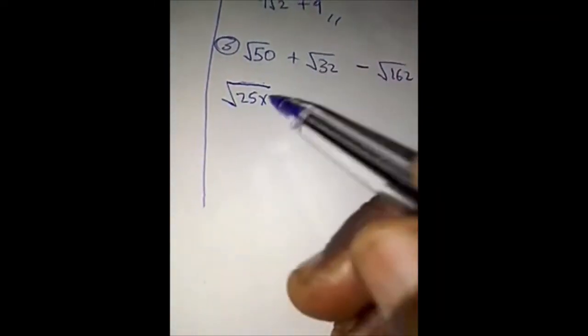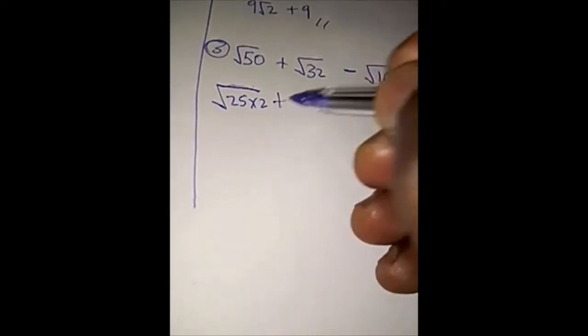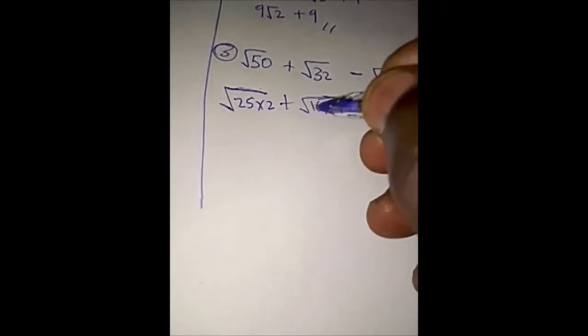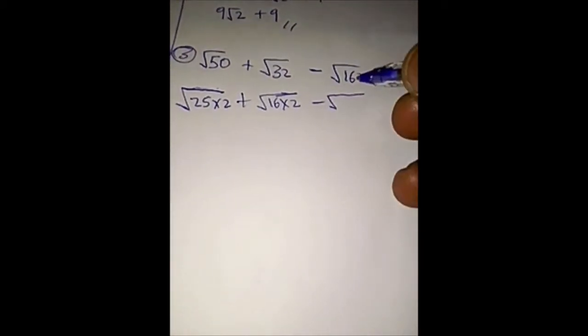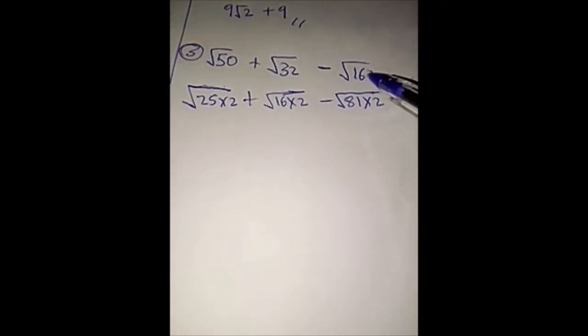Root 50 is just going to be root of 25 times 2, because 25 times 2 gives you 50, and 25 is a perfect square, plus 32 is going to be 16 times 2, and 16 is a perfect square, so I can get that, minus 162. 162 is going to be 81 times 2, which is where you get 162.